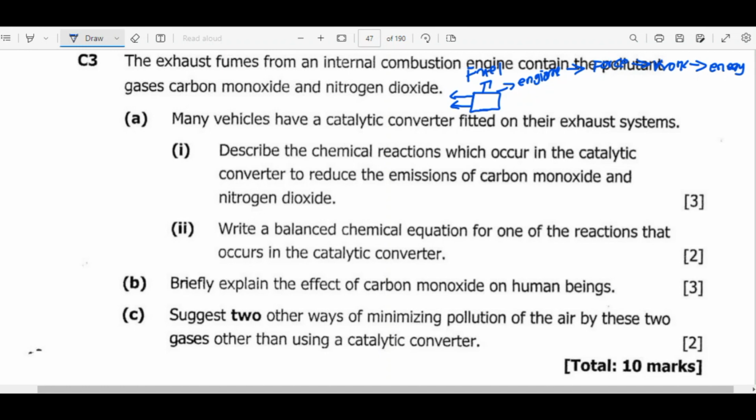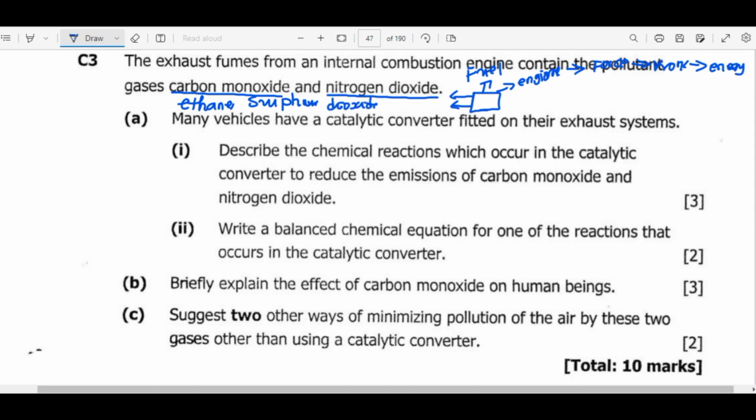And examples, we are given carbon monoxide, then also nitrogen dioxide, then apart from nitrogen dioxide, we may have ethane. Sometimes we may even have sulfur dioxide as also part of the waste product.